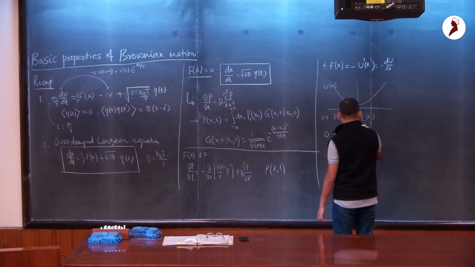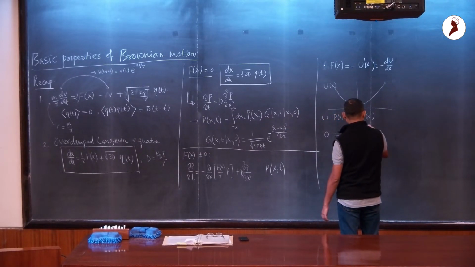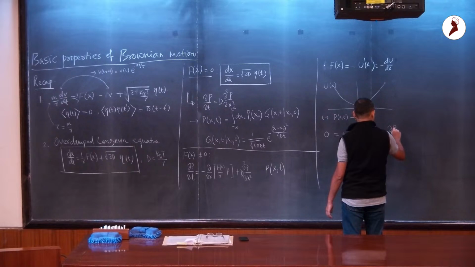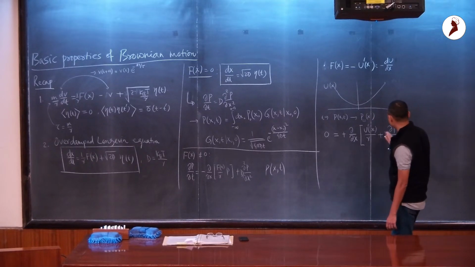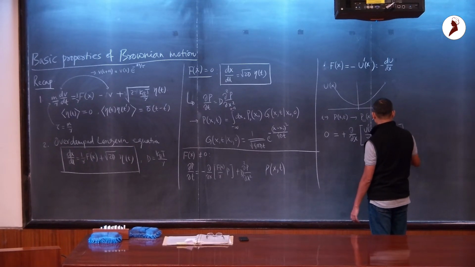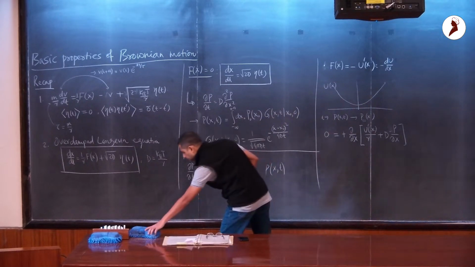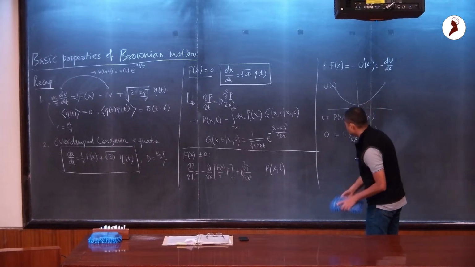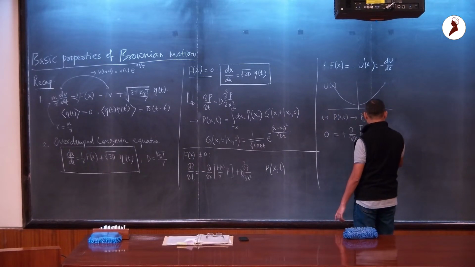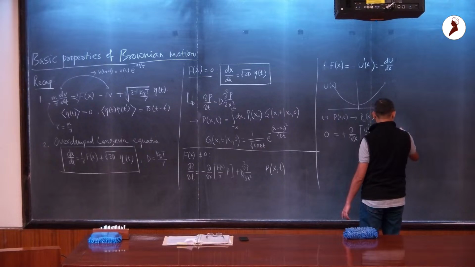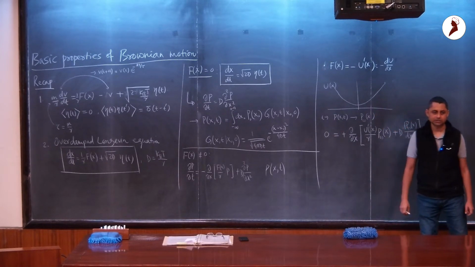I can write del del x of u prime x by gamma times p, which we are calling p stationary, a function of x, plus D dp stationary by dx, which is a function of x. So this is what we have.